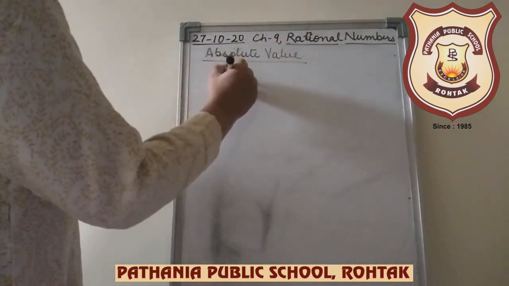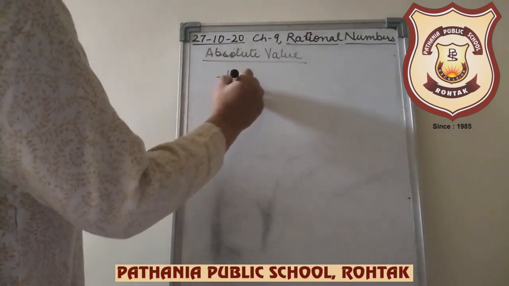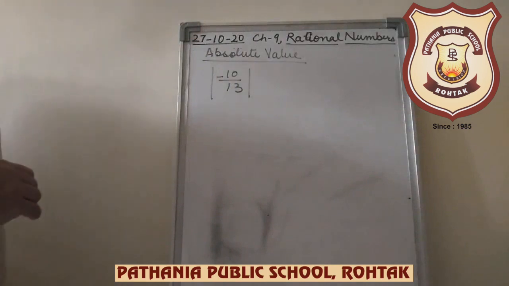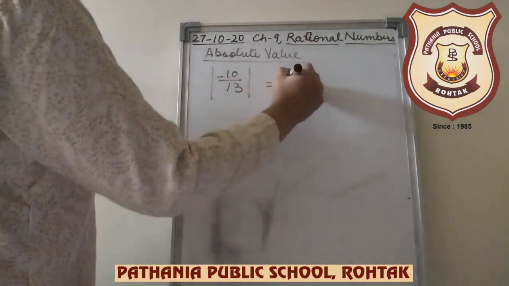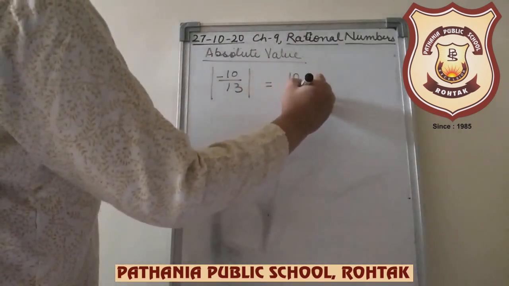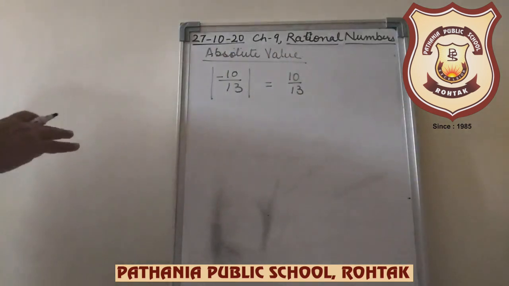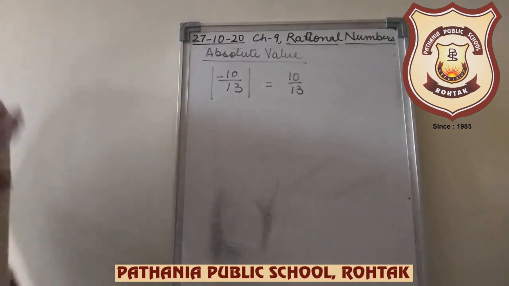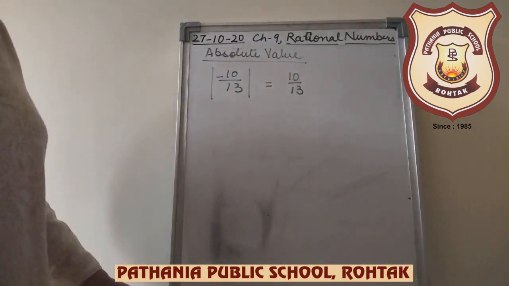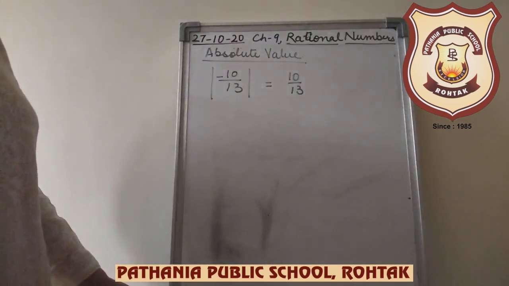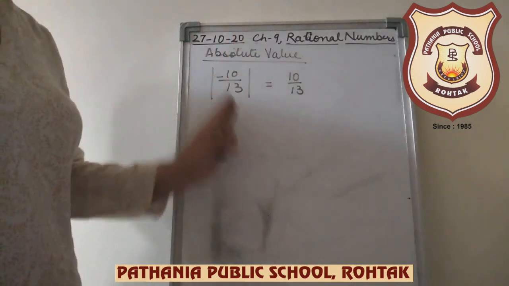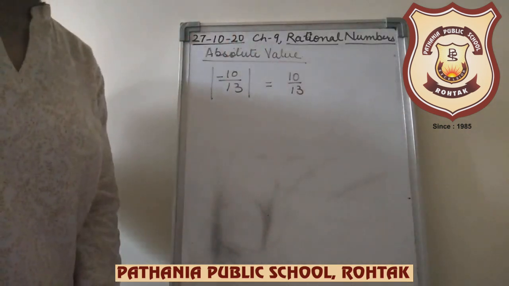If I write minus 10 upon 13, write the absolute value. So it is going to be 10 upon 13. That's it. Absolute value is always a positive value. It can never be negative value. So wherever the negative sign is, it is going to be removed when you remove the bars. Clear?